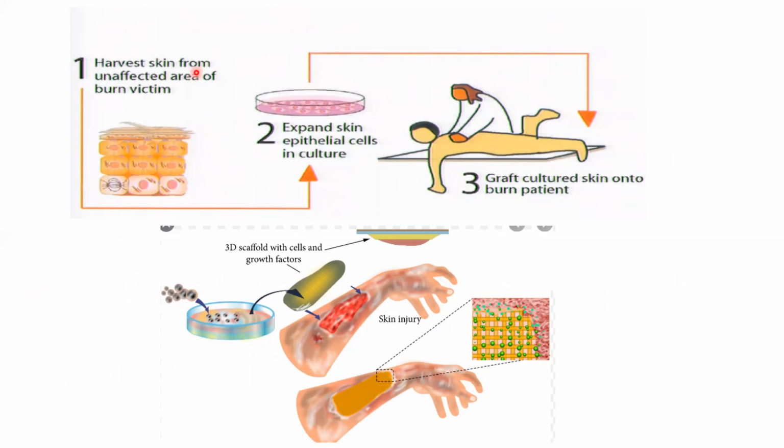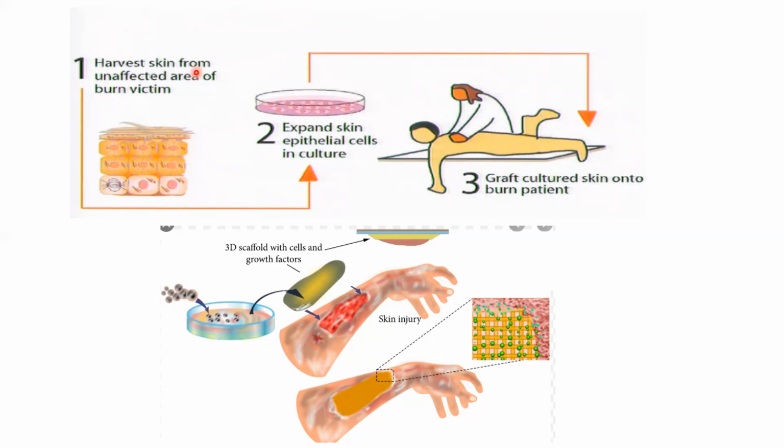For example, somebody has very severe burns, and in this case the skin heals really slowly. Normally when you have a wound, it starts healing from the sides. If it's a big wound, it will take a long time. So the slower the wound heals, the more the chances of getting infections inside the wound.